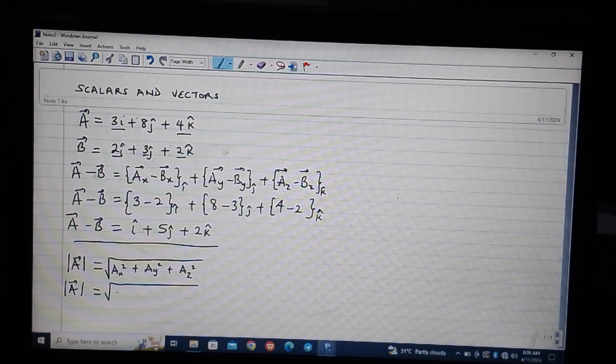So we say 3 squared plus AY is 8. So we say plus 8 squared plus AZ is 4. So we say 4 squared. This will give us 9 plus 64 plus 16.